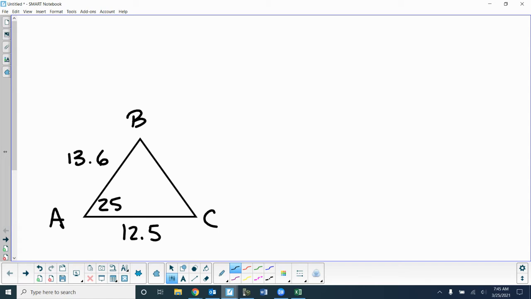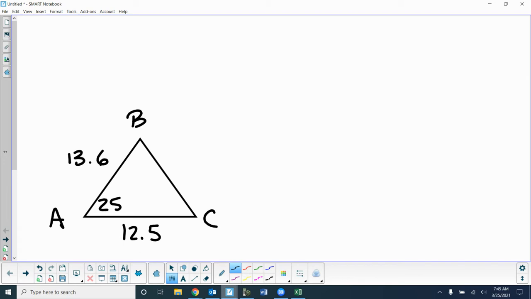Remember, the capital letters are the angles, and the lowercase letters are the sides, right? So we got the side angle side situation. So the only thing we can find is side A.